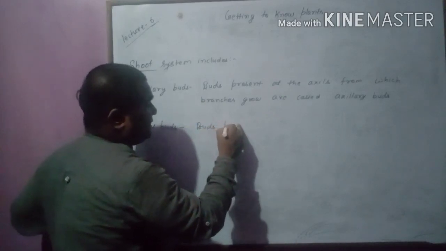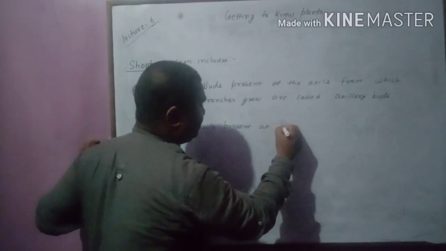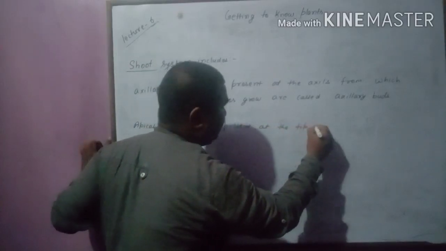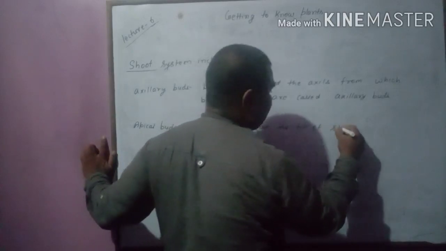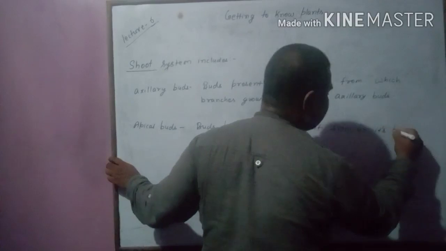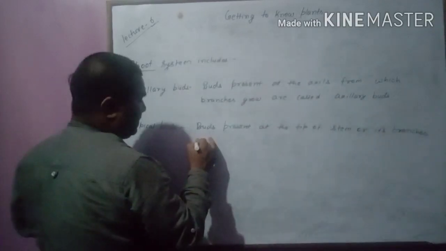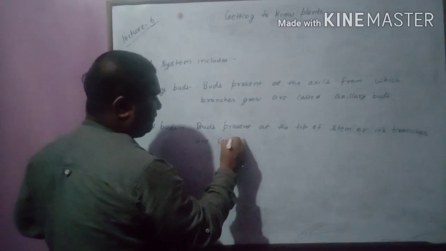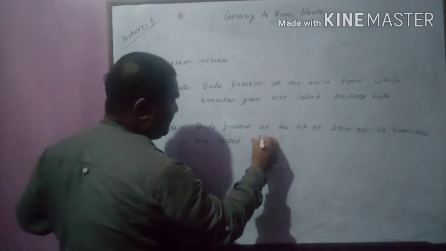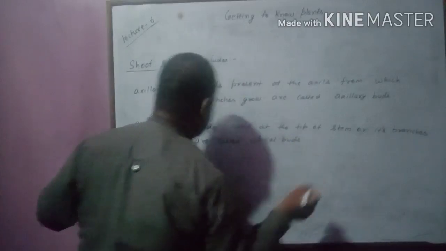Buds present at the tip of stem or its branches are called apical buds.